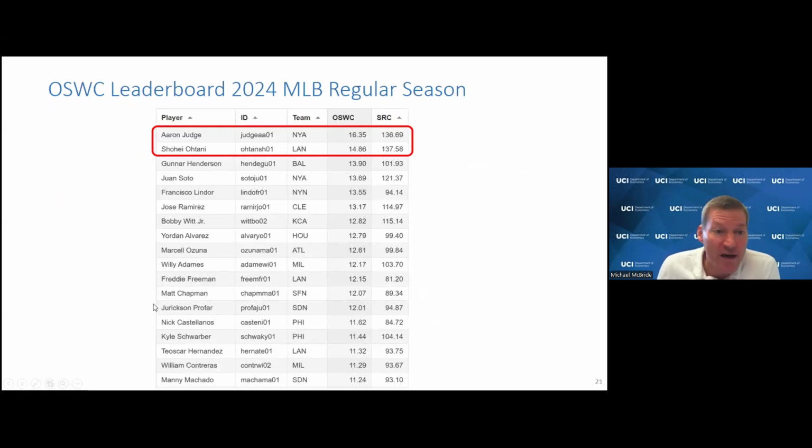So going back to 2024, if we sort by OSWC, now Aaron Judge is number one. Okay, so he's played for the New York Yankees, which is one of the most well-known teams. Shohei Ohtani played on the Dodgers, one of the other most well-known teams, the Dodgers of Los Angeles. This is also an interesting number because it is also historically one of the best ever.